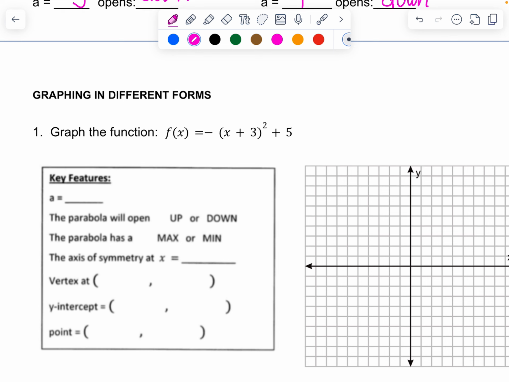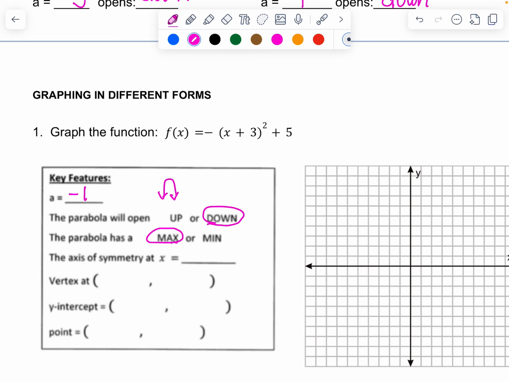Now that we can understand some patterns, you can do it a little bit more efficiently. So let's look at the key features. Our A is -1, so we know ahead of time it opens down. And if it opens down, we know that the parabola is going to have a maximum.